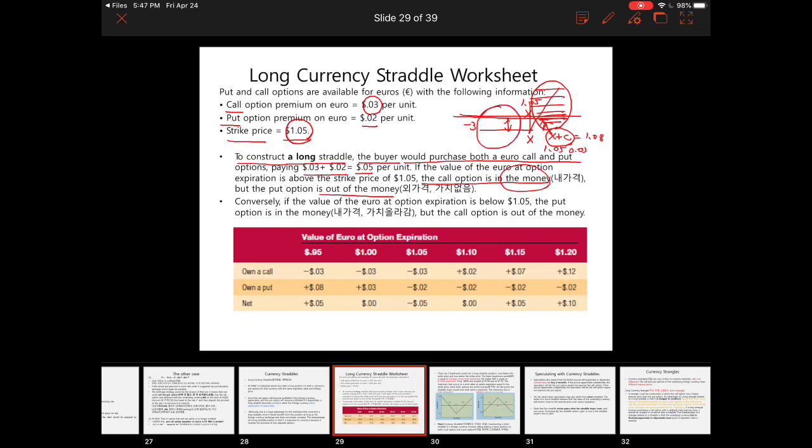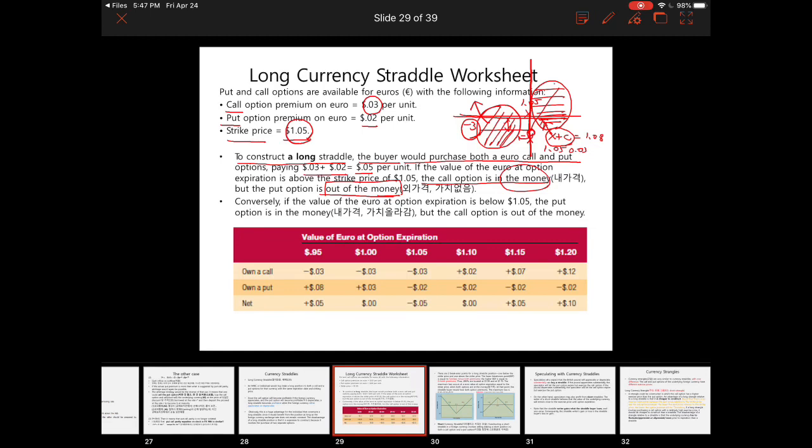The other area, from this pivotal point, which is the kink at the exercise price, left hand side becomes out of the money. Out of the money means your call option is of no use, right? You just ignore the premium 3 cents you paid already, because it's better for you to give up the exercise of the call option.